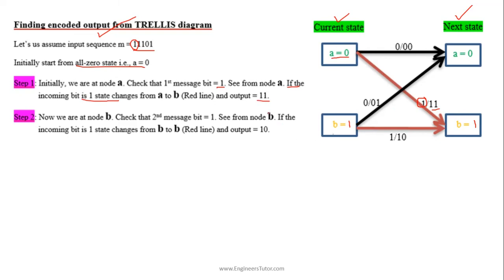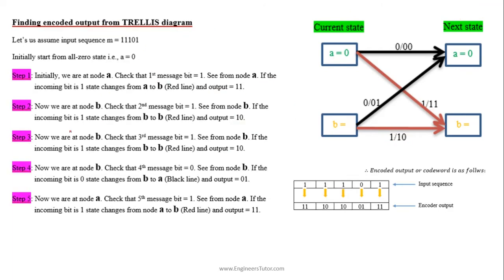From node B, the second input bit is again 1. So if it is 1, the state changes from B to B. So the output is 1 0. Similarly, we can find the other output conditions to find the final output.